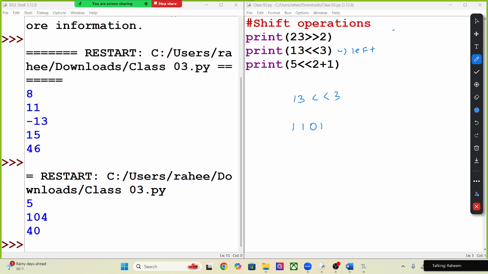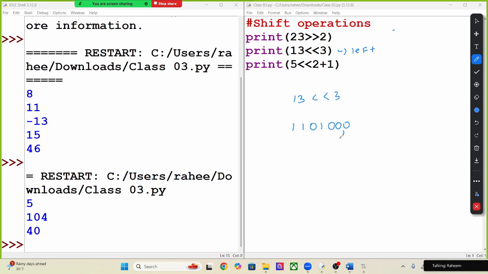If it is left, you add 3 bits on the left side.